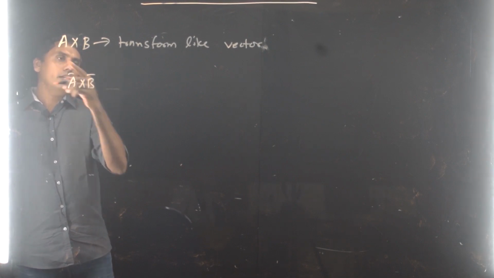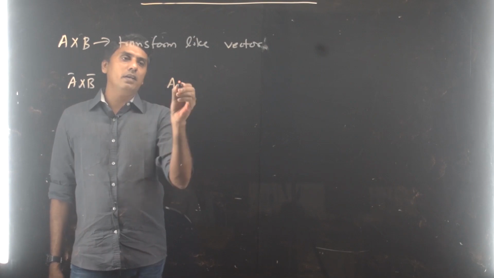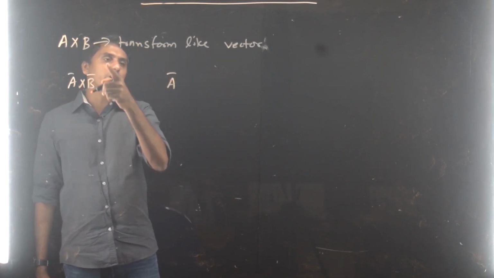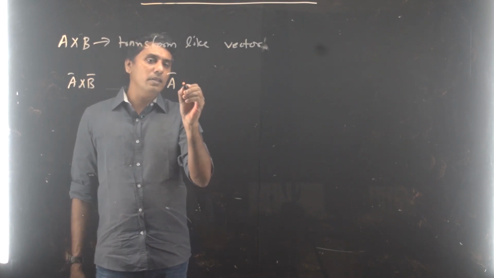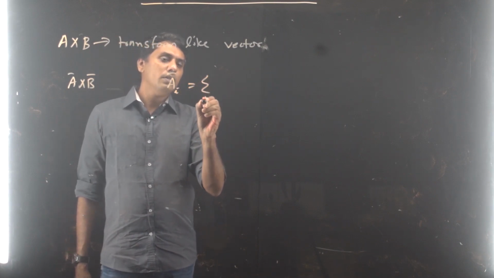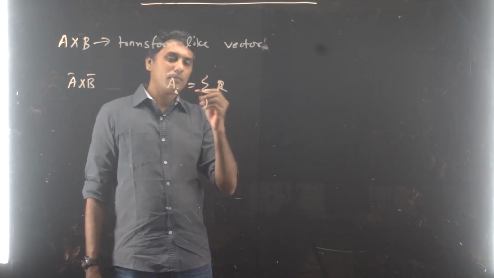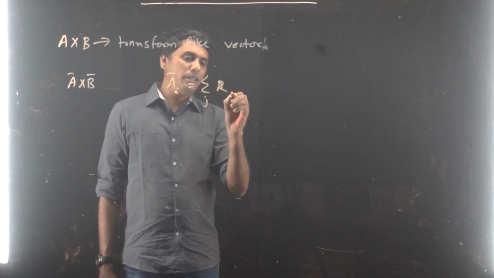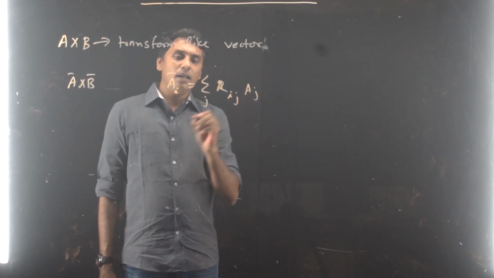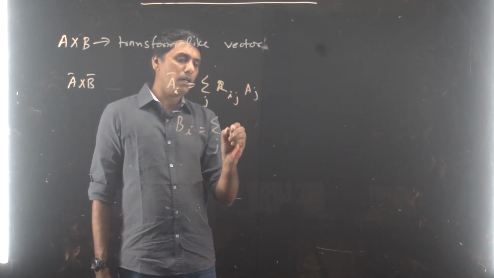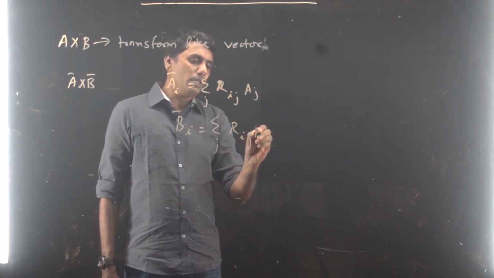Already told you A and B transform like vectors, so A i bar must be equal to summation over j R ij Aj, and similarly B i bar is summation over j R ij Bj.